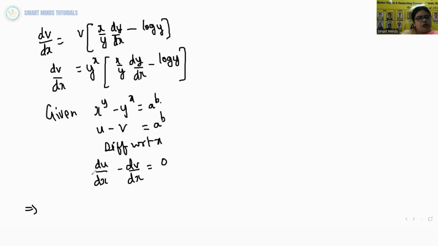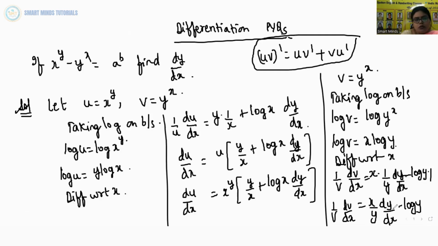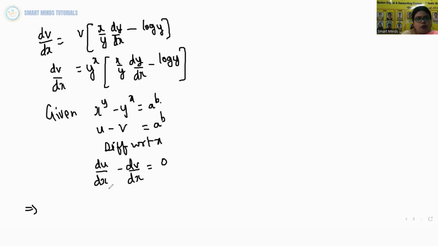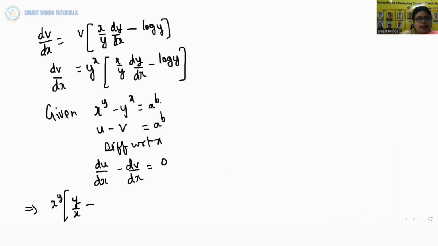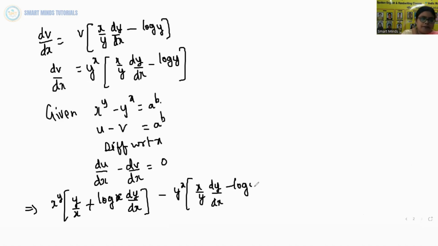Now you substitute du by dx value. What is du by dx? x power y into y by x plus log x dy by dx, minus, now we substitute dv by dx, y power x into x by y dy by dx minus log y.